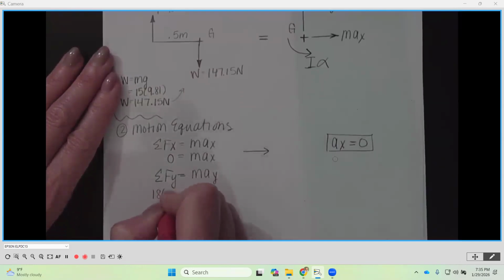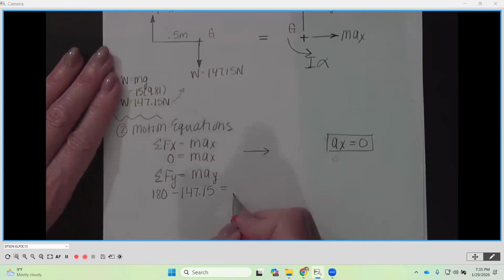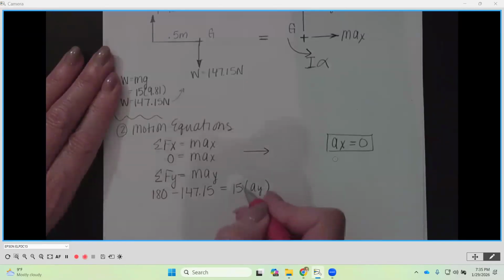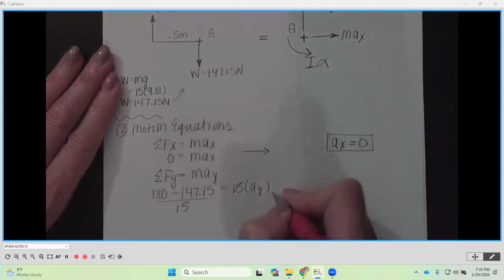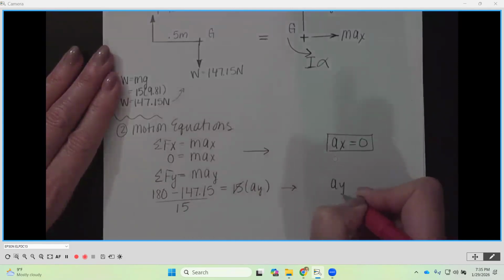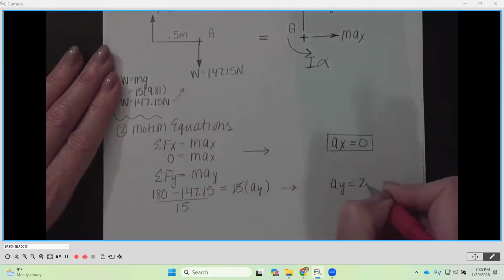So 180 minus 147.15 is equal to, now we know that the mass is 15, and then acceleration in the y. Our only unknown here is acceleration in the y, so we can solve for it by dividing both sides by 15, and you should get your acceleration in the y equal to 2.19 meters per second squared.